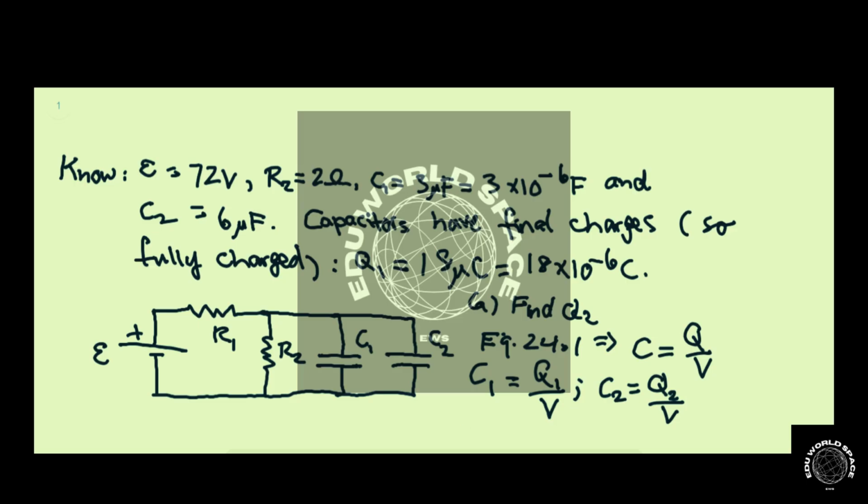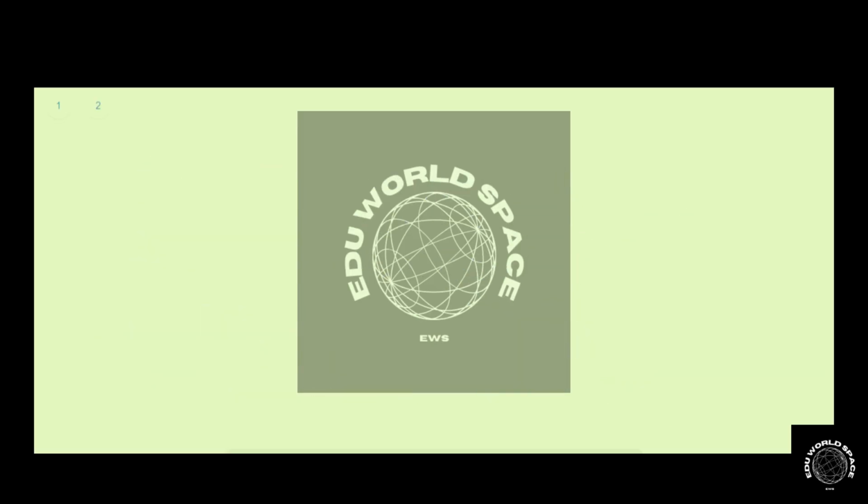And let's continue to solve this on the next page. So I wrote previously that C1 is equal to Q1 over V, and C2 is equal to Q2 over V, because the two capacitors are connected in parallel. They have the same potential difference across them. And from here, we can eliminate V, because we don't know V, but we know C1, C2, and Q1, and that will allow us to find Q2.